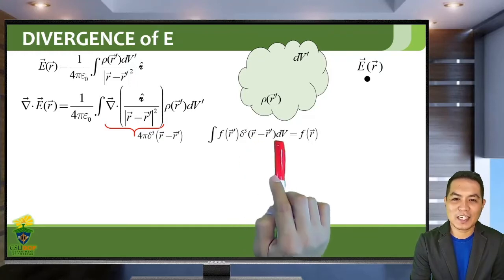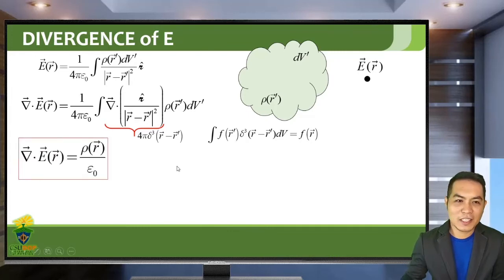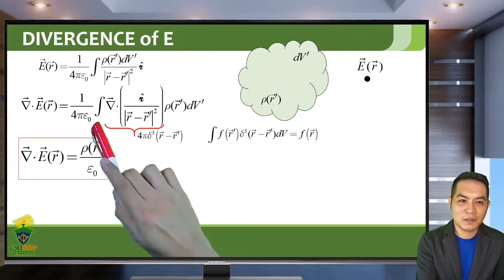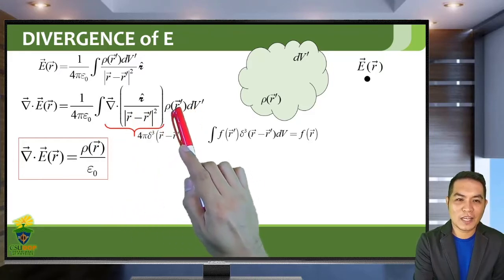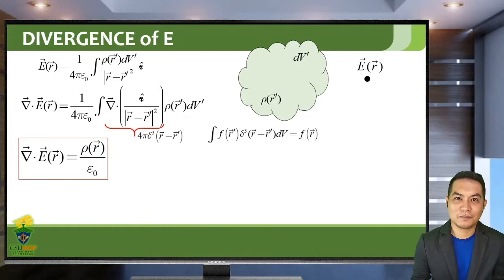So in this case, f of r. So you will expect that this integral will just be equal to rho at r prime equal to r. So easy peasy integration if you have a Dirac delta function.